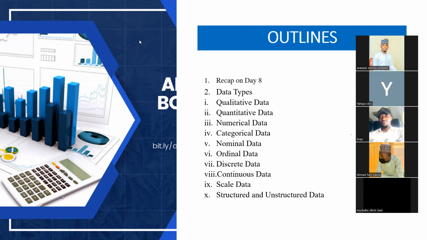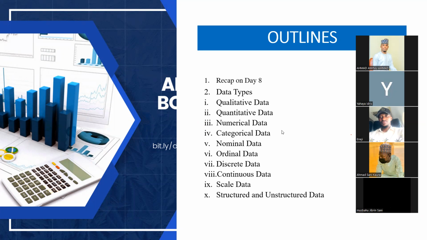Numerical data is the type of data that you can take the average of. The average, you know what it is: total sum divided by total count. In qualitative data you can't get it, but you can get it in numerical data. So this is another type of data that you need to understand.